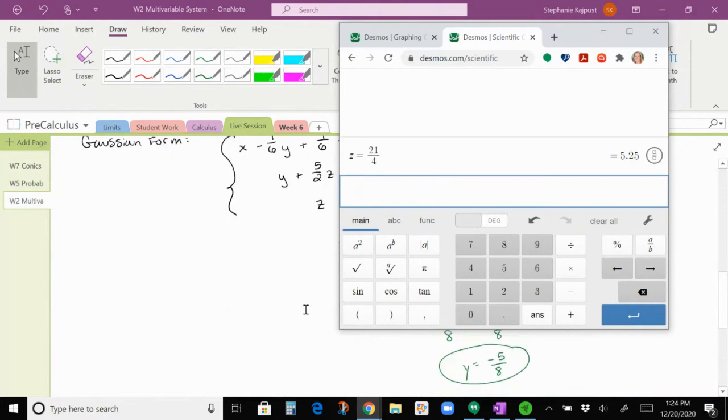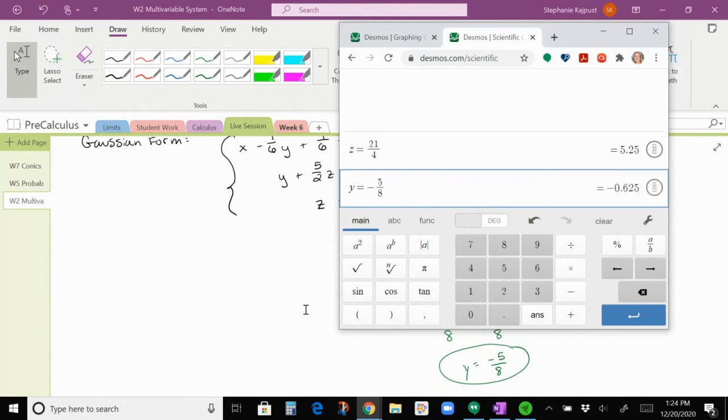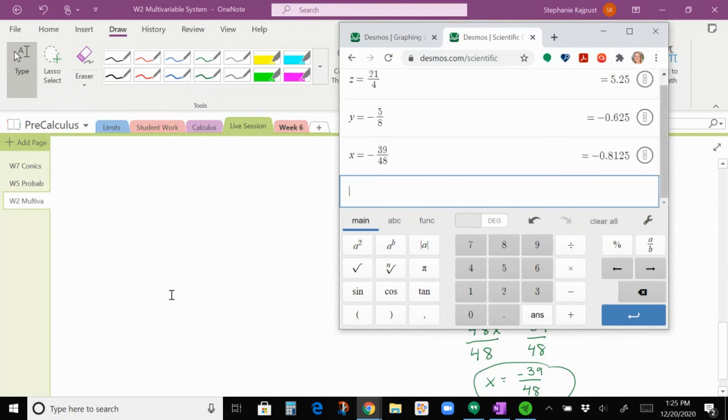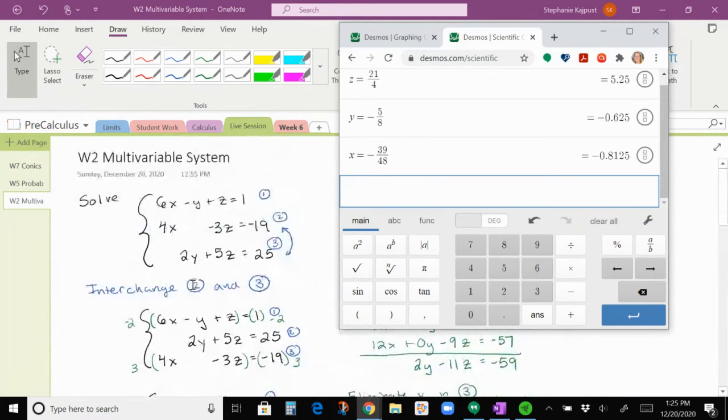I really want to find a way for you to check your answers here easily without making mistakes plugging numbers in. So let's try this again: -6x minus y plus z. Okay, so there we go.